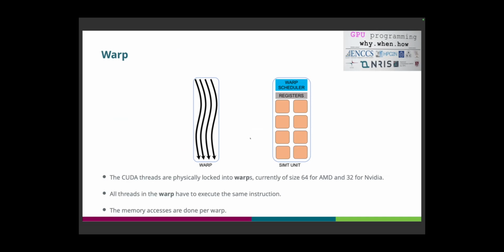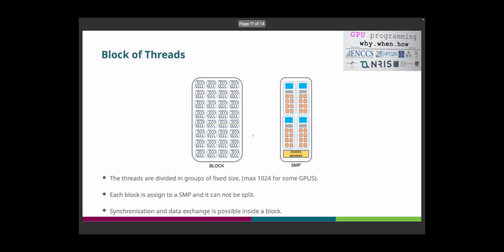And now there is another hierarchy to this grid of threads. Physically, on the chip, the hardware, we have these SIMT units, and we can have one or more. In this case, like the AMD GPU, now they have 4, and they are grouped together in a so-called streaming multiprocessor.